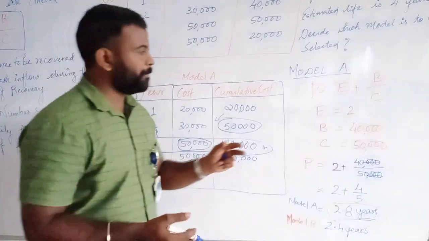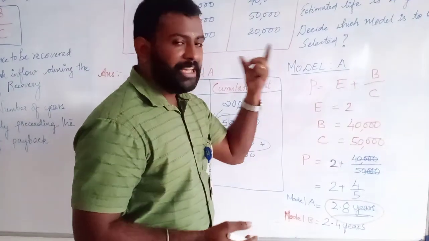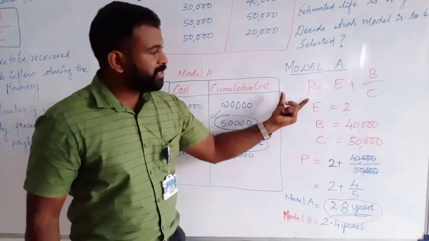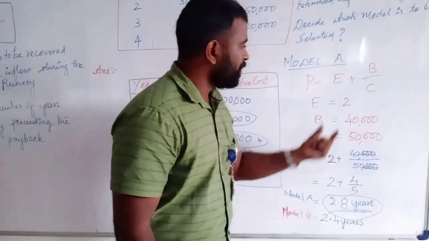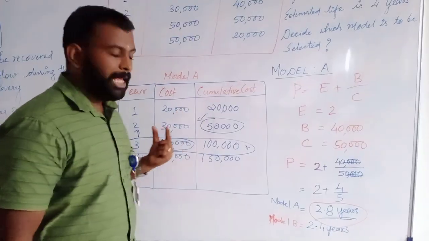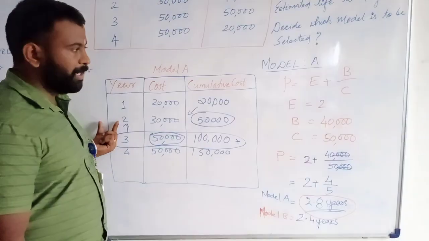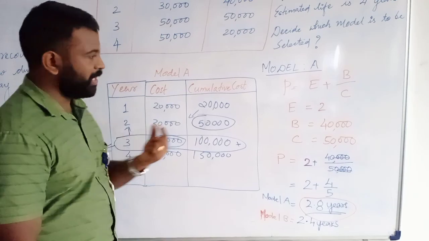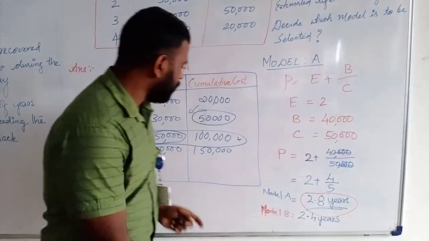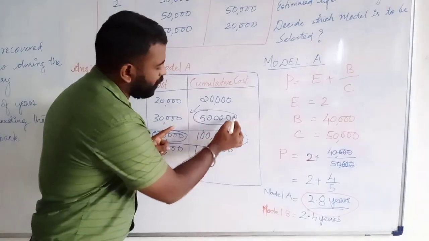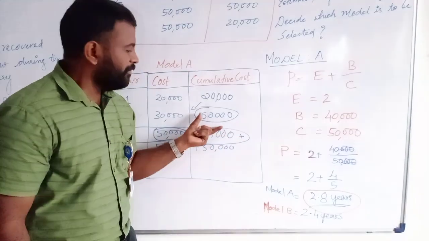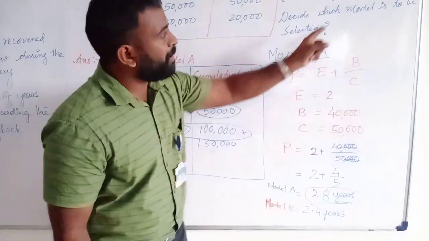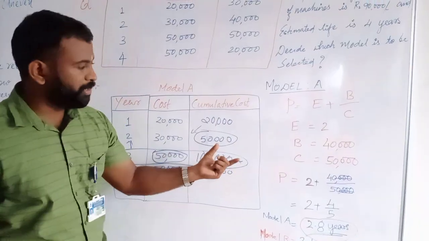I am repeating once more. In the uneven cash inflow method, the payback period is calculated by the equation P is equal to E plus B by C, where E is the year immediately preceding the payback year, that is year 2, and B is the balance to be recovered. In the second year, we have already recovered rupees 50,000, so an additional 40,000 is needed to get back the initial investment of rupees 90,000.